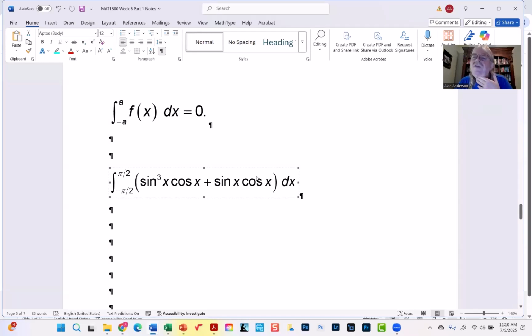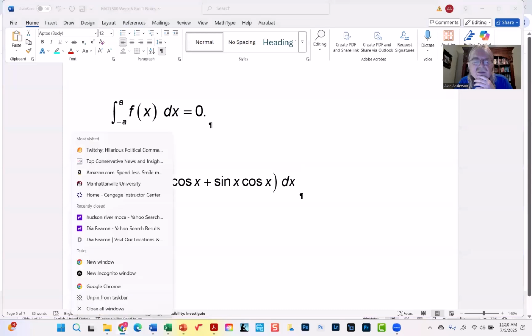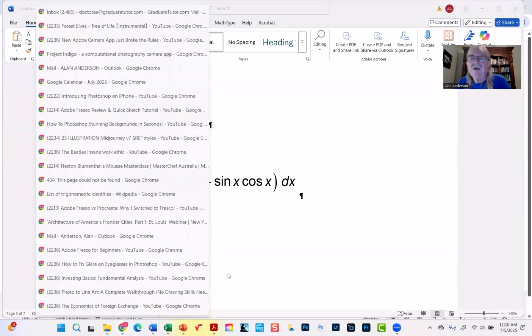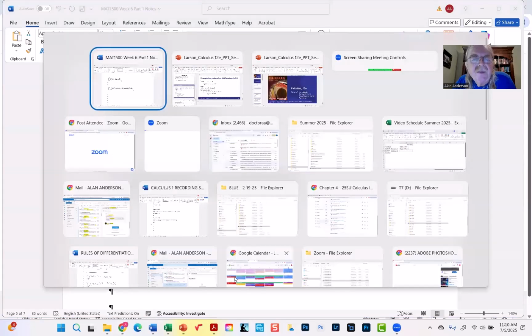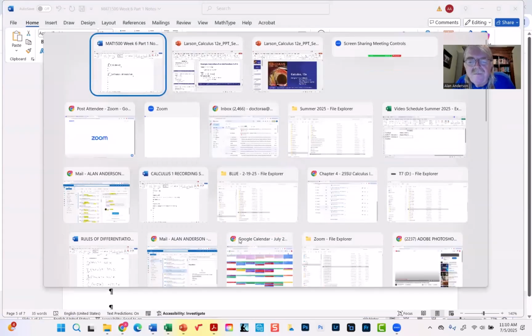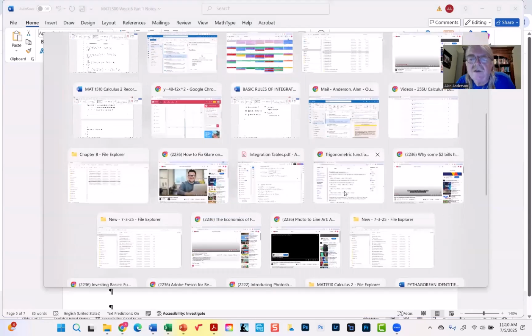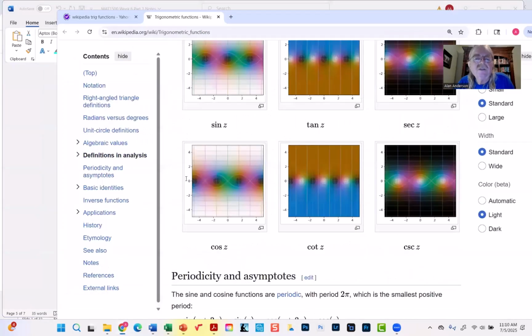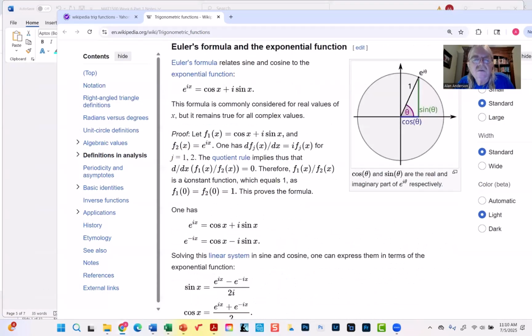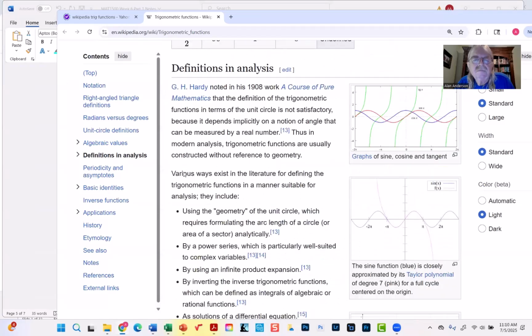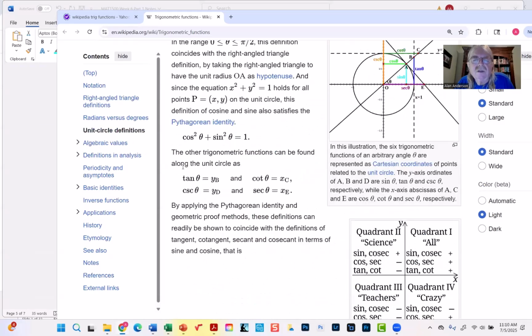We can go find what we need. Believe it or not, there's a Wikipedia page that has every possible trig function you could possibly imagine. And I think I have it open right here, or I did. Oh, here it is.